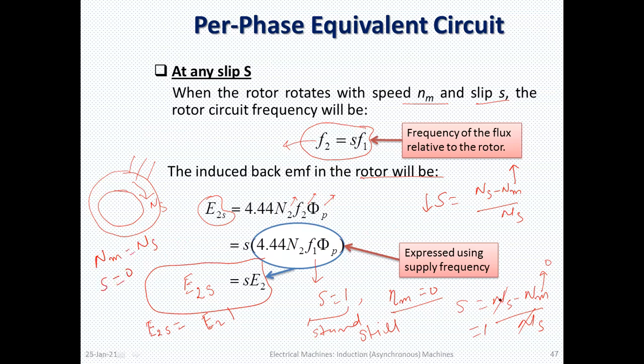From this relation, if both values are the same, then the difference will be 0, so slip will be 0. When slip is 0, then E2S will also be 0. So when the rotor reaches synchronous speed, the induced EMF in the rotor becomes 0.